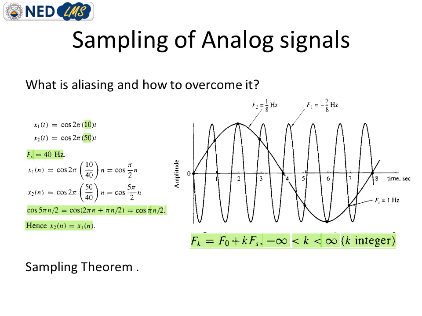So this is the problem which can arise in the sampling process, named aliasing, and it will occur if we do not properly select the correct sampling rate for a particular signal.